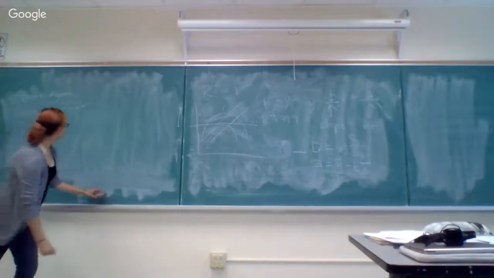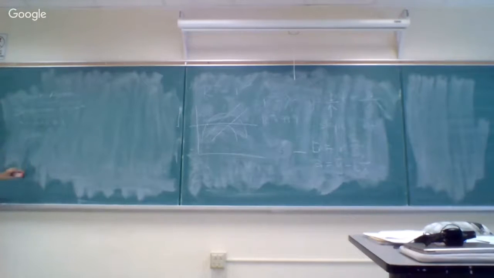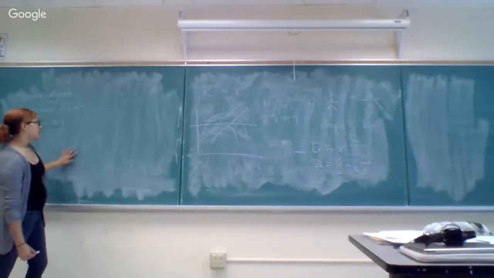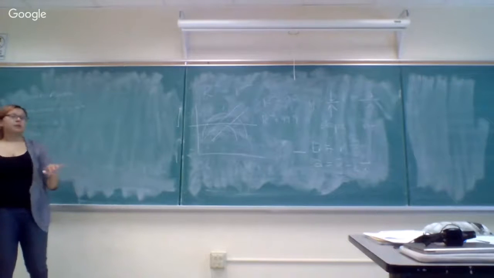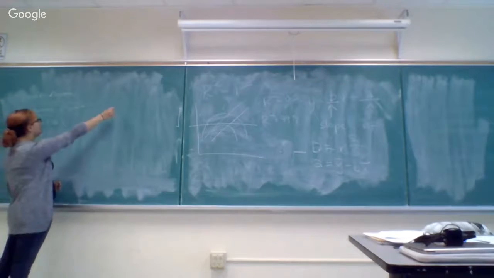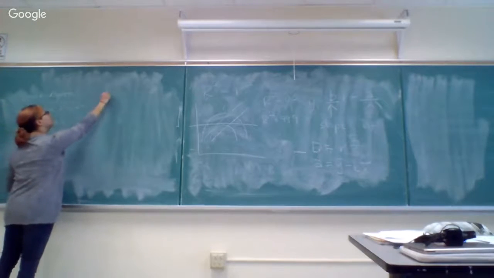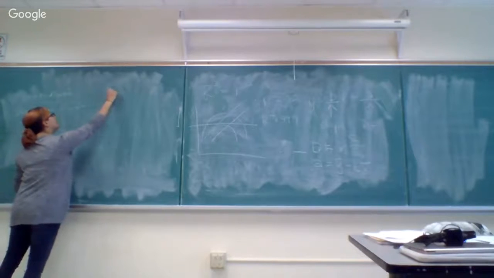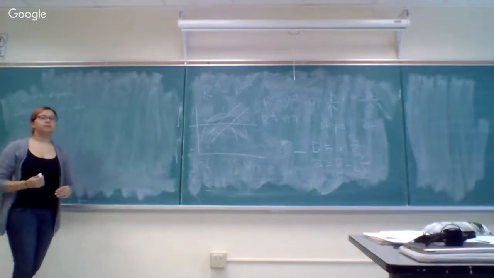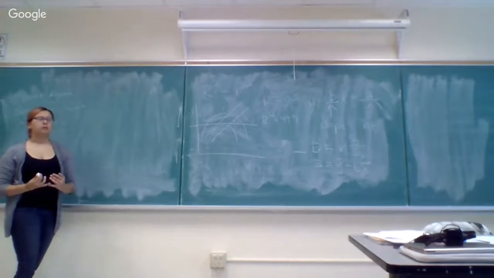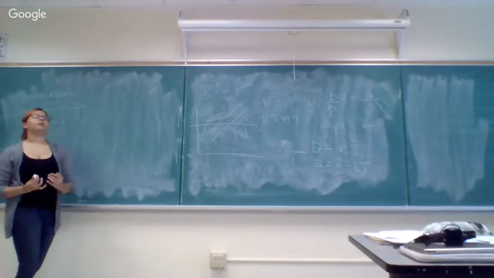So, interval. Trying to think. So interval would be, I'm trying to remember. So if I had like a rating system for cars, so like 1 star, 2 star, I'm trying to think of a better one.